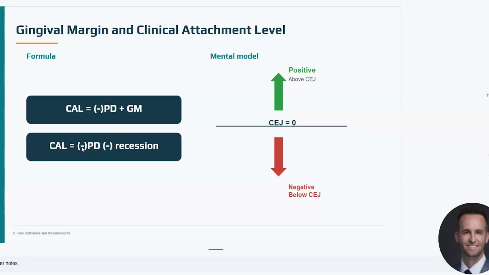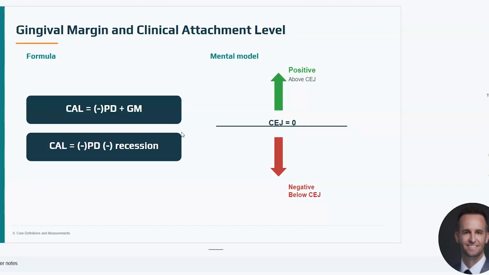So we add a negative sign in front of this, and we know that a recession is also a negative value, so we're going to have negative and negative. -2 minus 2 is going to equal -4, meaning our clinical attachment level is 4 millimeters below the CEJ. And that makes sense.